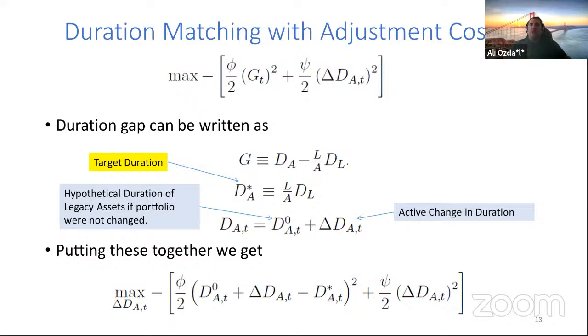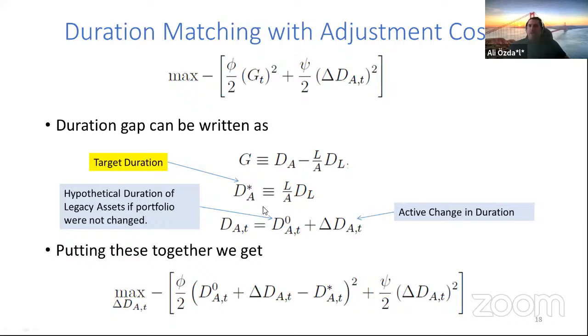For example, when the interest rates change, or as time passes, the duration of corporate bonds can change even if the insurance company doesn't make any changes in its portfolio. In the simplest case, if you keep the same portfolio, just because one quarter has passed, the duration of your portfolio will decrease by almost one quarter, even if you do not do anything. But what we want to know is the changes in that duration due to the active investment behavior of the insurance companies.